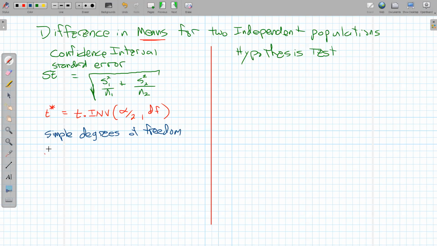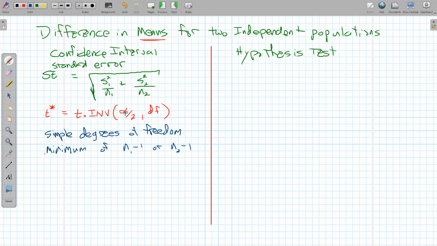It's just to take the minimum, the lower of either the first sample size minus 1 or the second sample size minus 1, whichever one's smaller is what we take for the degrees of freedom there.